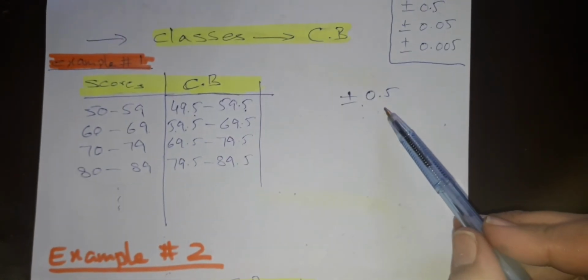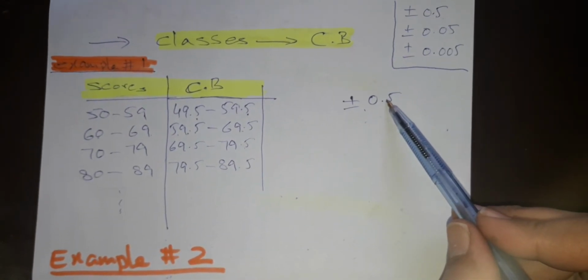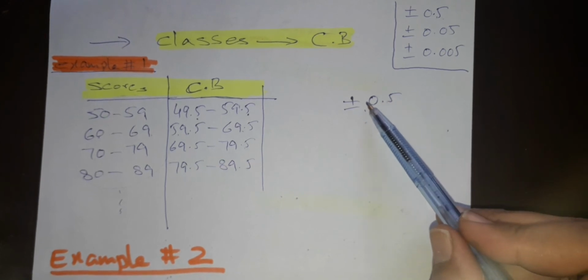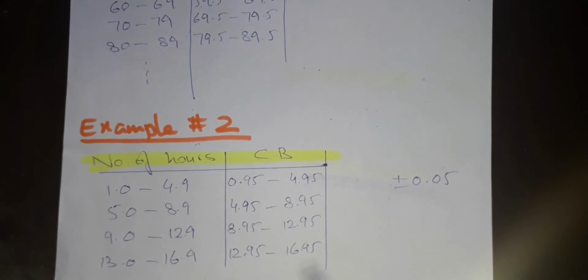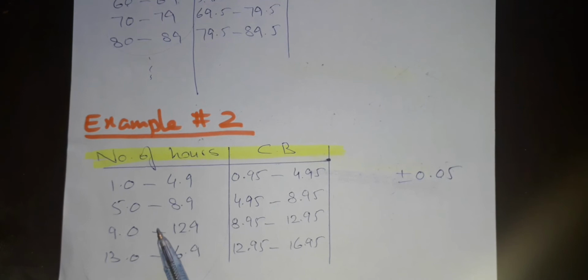Look, here there is no 0 after the point: 0.5. But here 0.05. This 0 indicates that we are going to apply this on data which has one digit after the point.